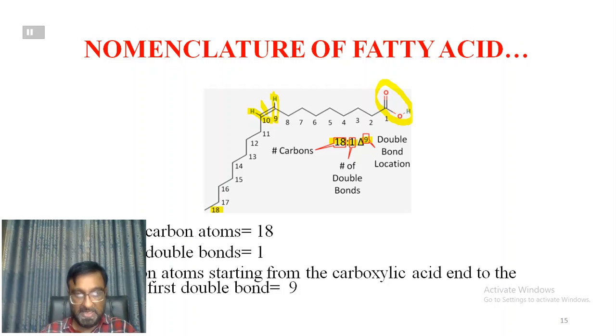This molecule consists of a total of 18 carbon atoms and one double bond. The number of carbon atoms is counted from the carboxylic acid end, and the first double bond exists at position 9.